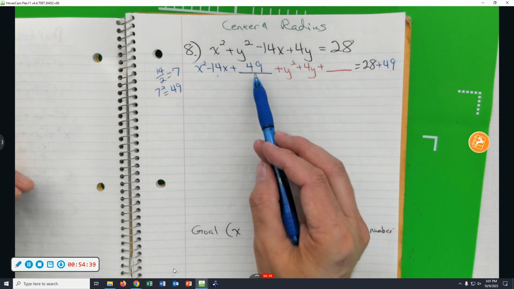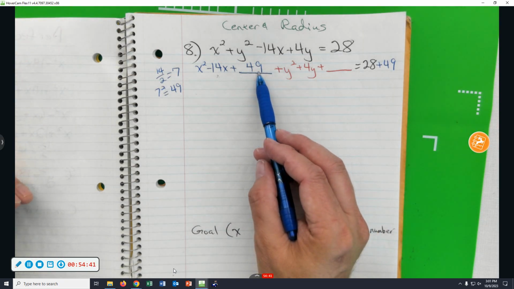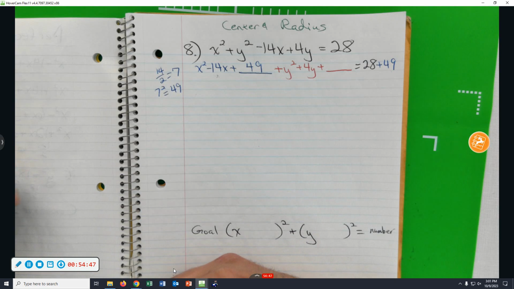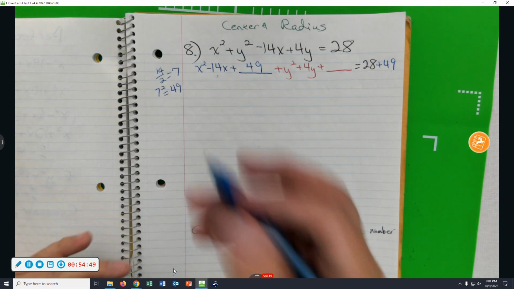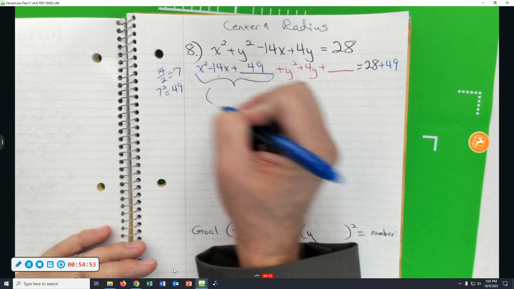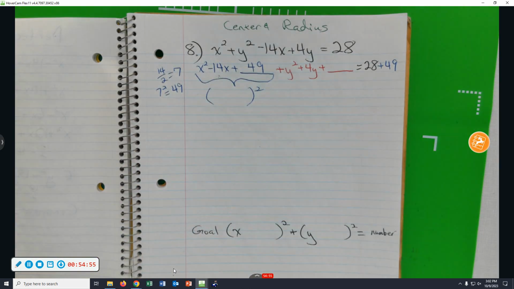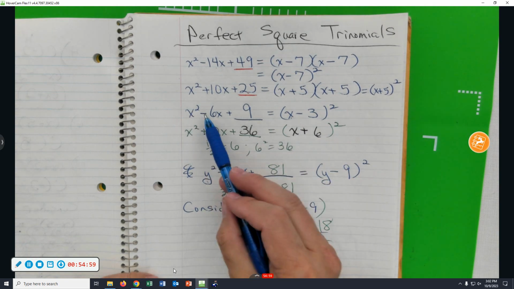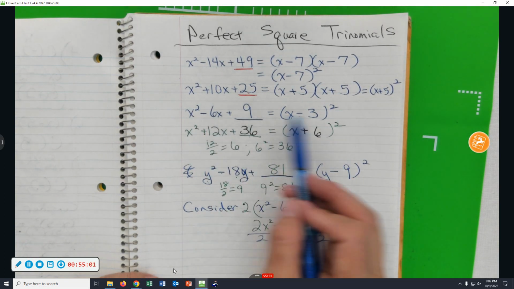And once again, that number you're adding will always be positive, because when you square the number, the result will be positive. And while we're thinking of these x terms, let's factor. Remember we had a pattern. Perfect square trinomials factor as variable, sign, half of that number.